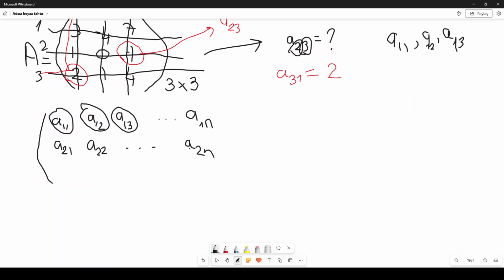So in other words, the first row in this matrix corresponds to the coefficients of the first equation, and the second row corresponds to the coefficients of the second equation.